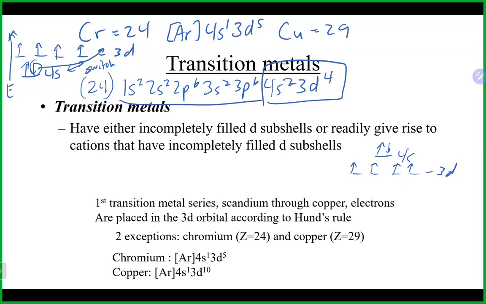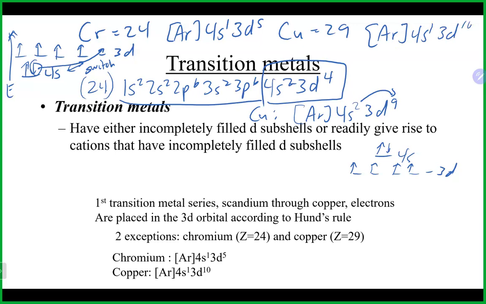Copper is pretty much the identical exception. If you were to follow our normal chart, you would end up with argon 4s2, 3d9. But again, for copper one electron goes upward there, and that gives us argon 4s1, 3d10.